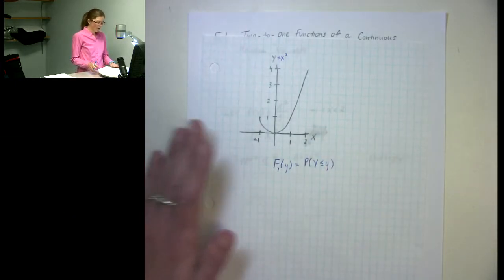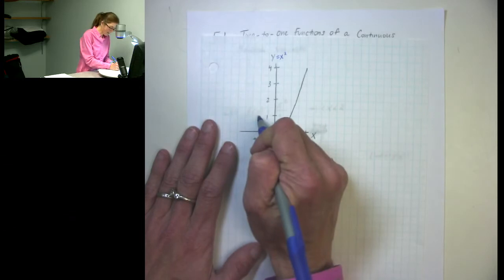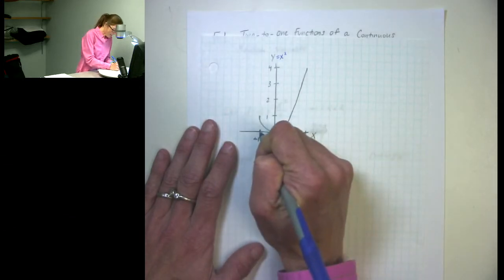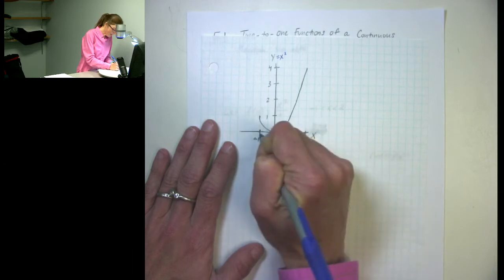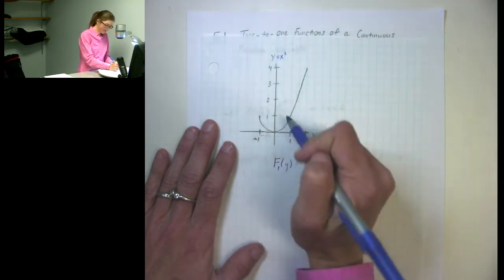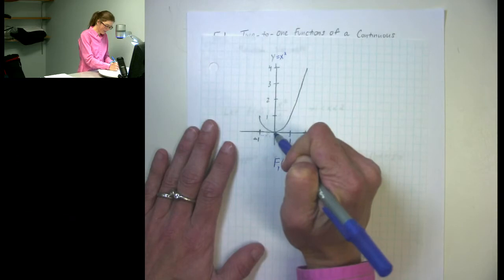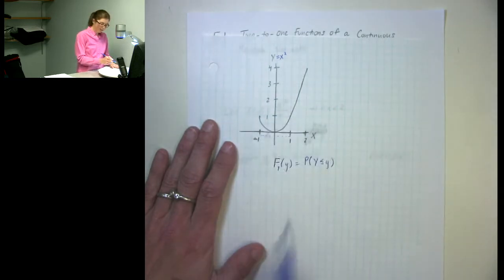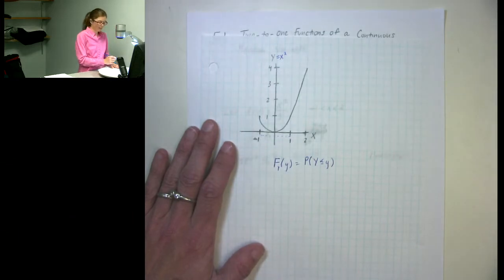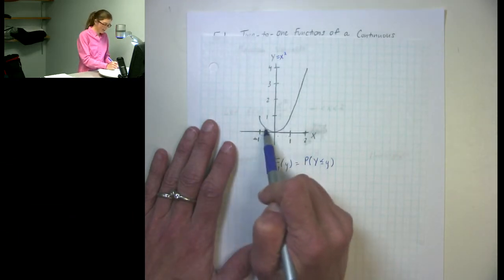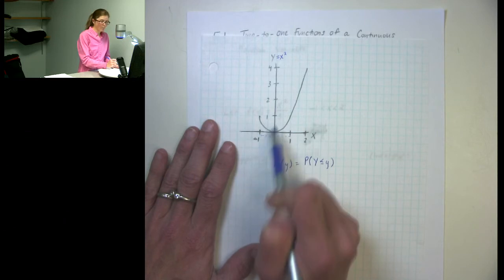And I'm going to look at my graph and say, okay, here I can see that when x is between -1 and 1, and when y is between 0 and 1, I'm not 1-to-1 in that range. Right? I've got two different values of x that have the same value of y.